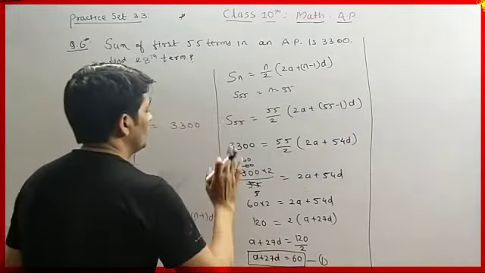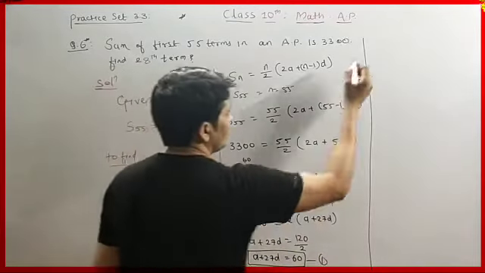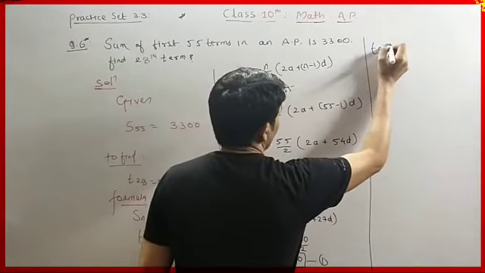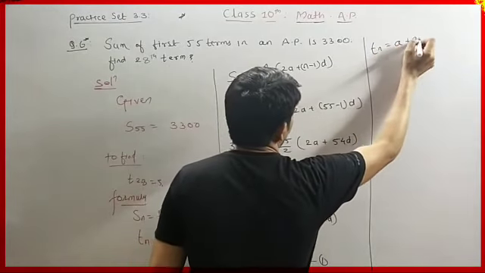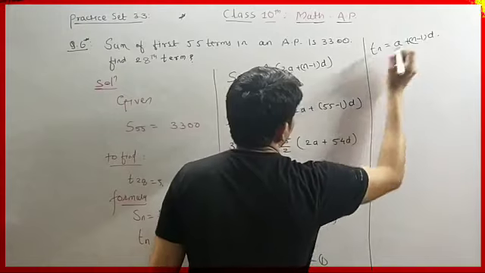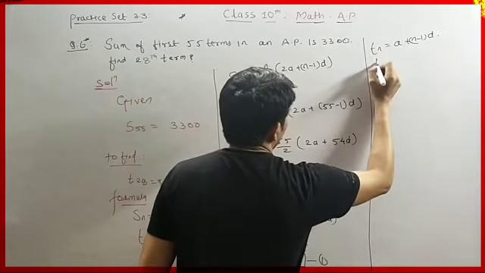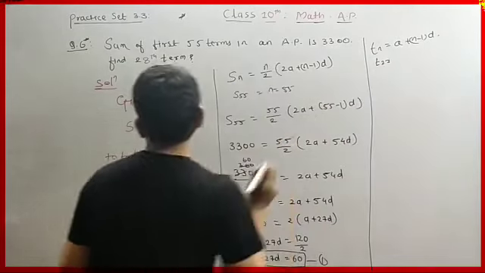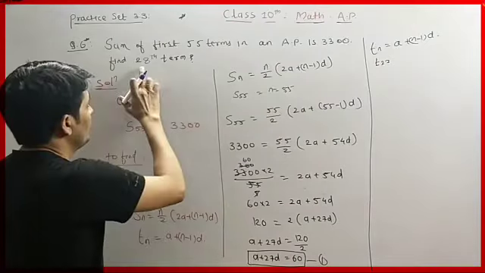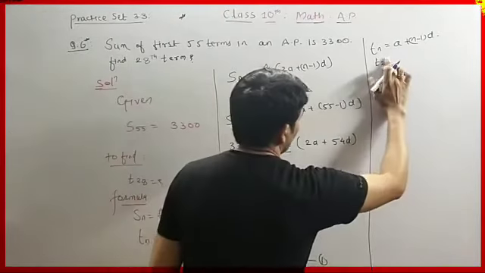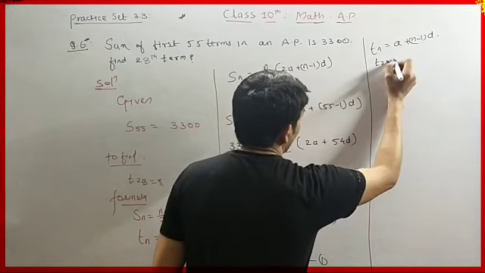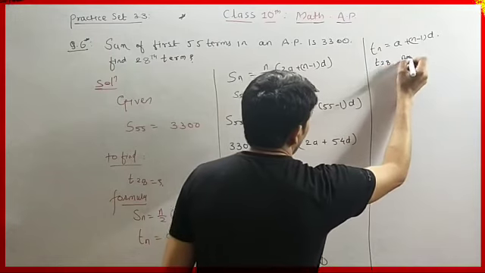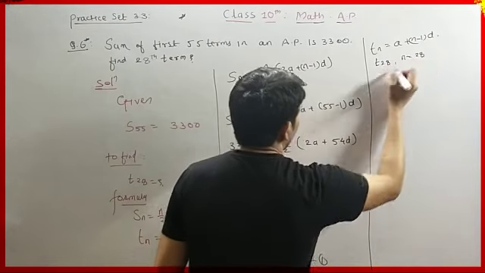Now we are going to use the second formula. It is Tn equals a plus n minus 1 into d. So for T28, here we have to calculate the 28th term. Okay, so here n equals 28.